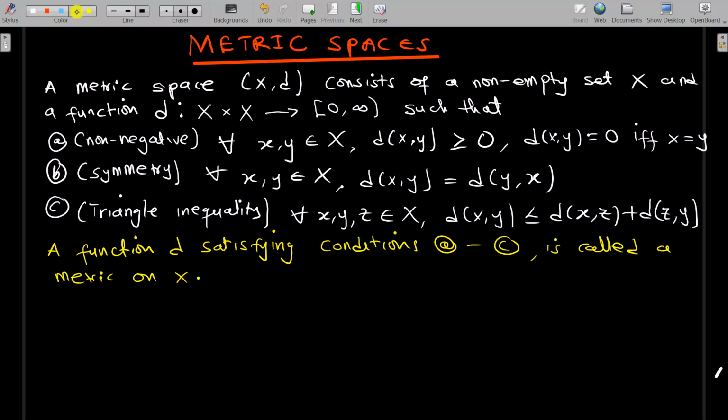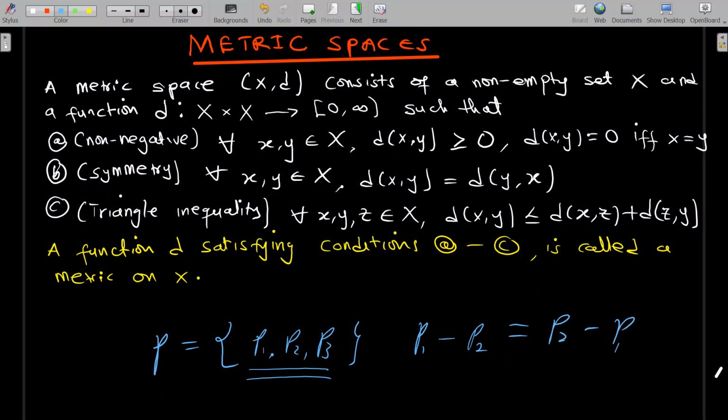Okay, so if I have a set, let's say set P, having the elements P1, P2, P3, and I have what we call a function defined on these three set elements, such that the distance between P1 and P2 is the same as P2 minus P1, okay?